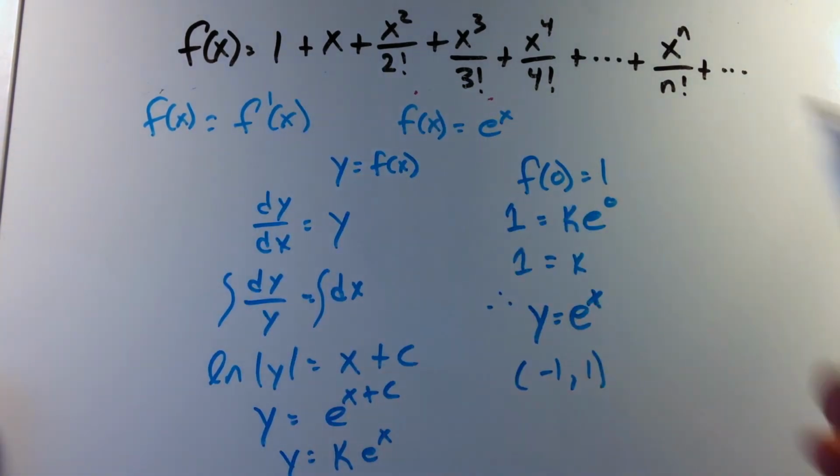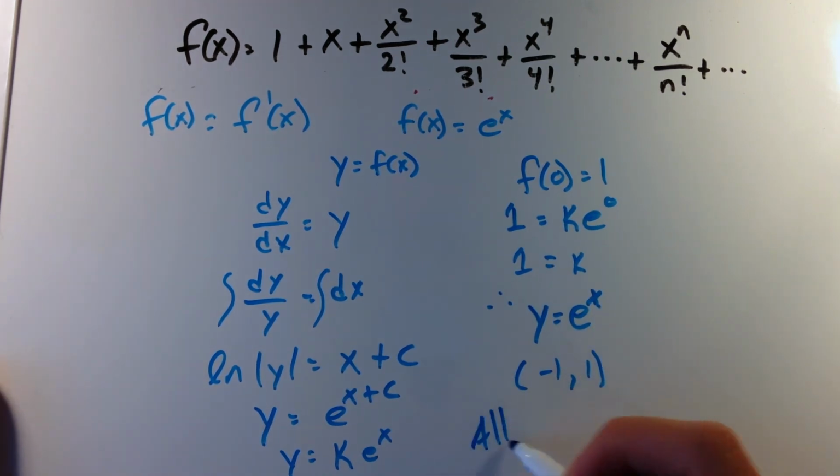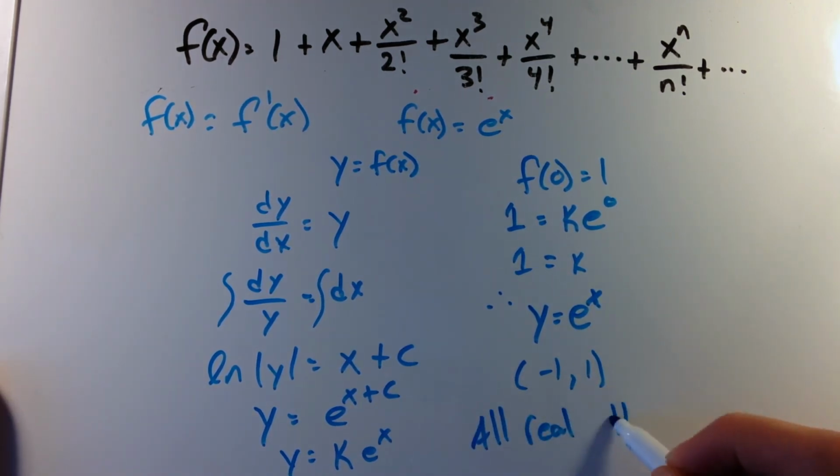If you just graph the first couple partial sums here, but it might be greater than -1 and 1. As we keep adding more and more partial sums, it seems like that convergence might occur past this interval. And actually, the final answer is that this interval of convergence will work for all real numbers.